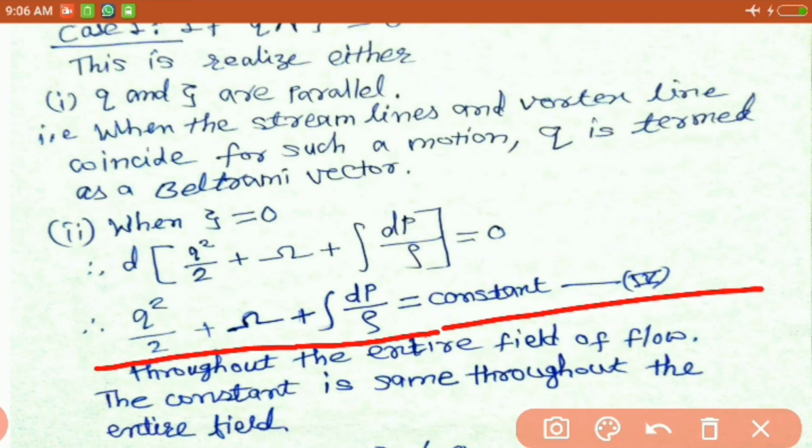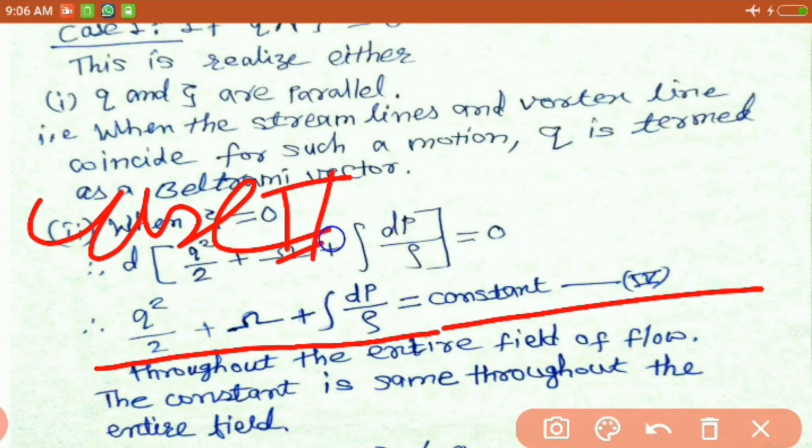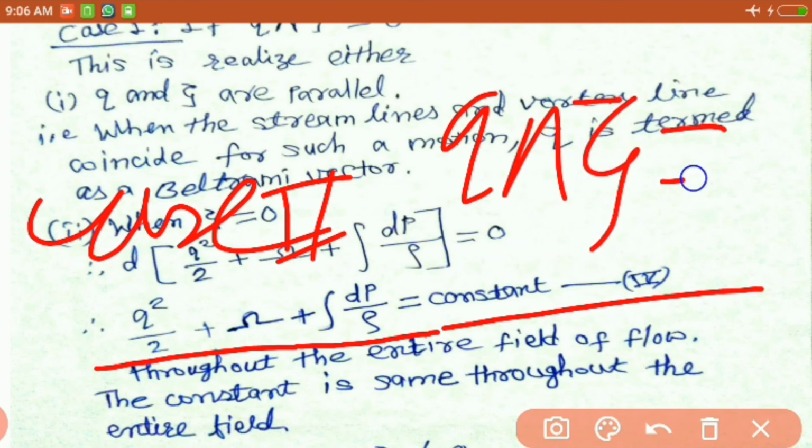Now if we take the second case, that case second will be where q × ζ is not 0 in this equation.